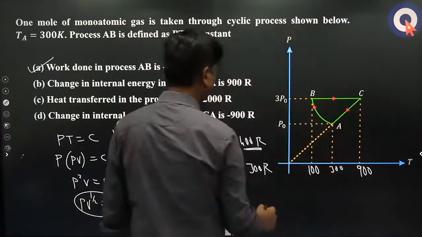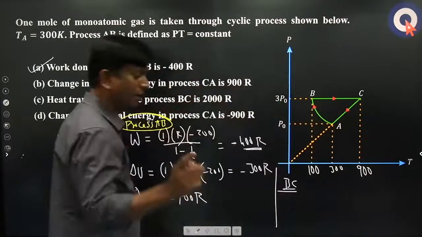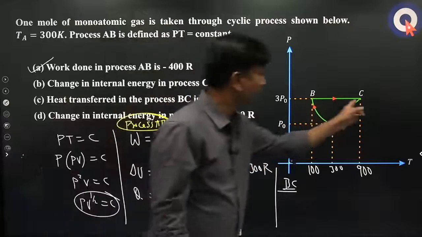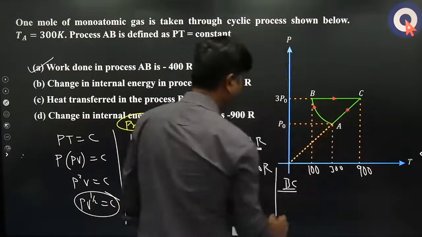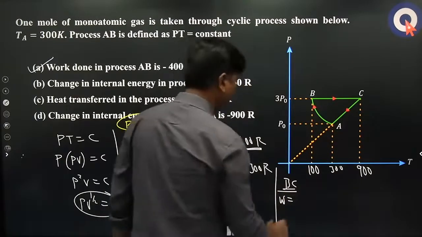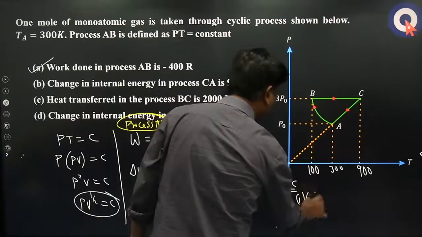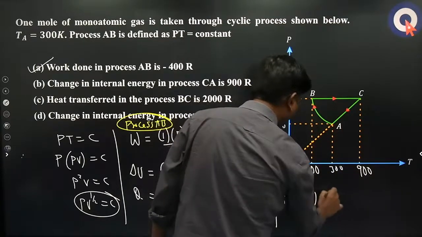Now let us come to process BC. In the process BC, it is a constant pressure process, isobaric. What is the work done? Isobaric process, nRΔT, from here to here, 900 minus 100, 800.